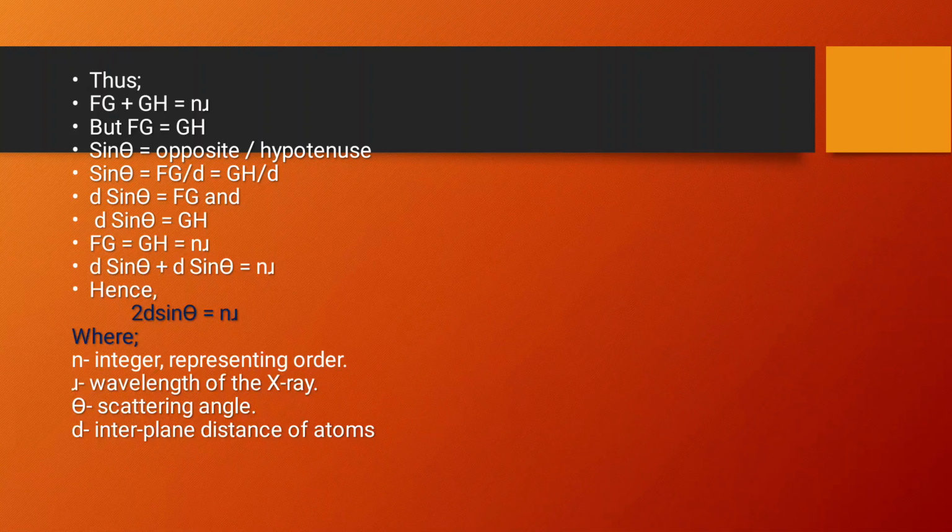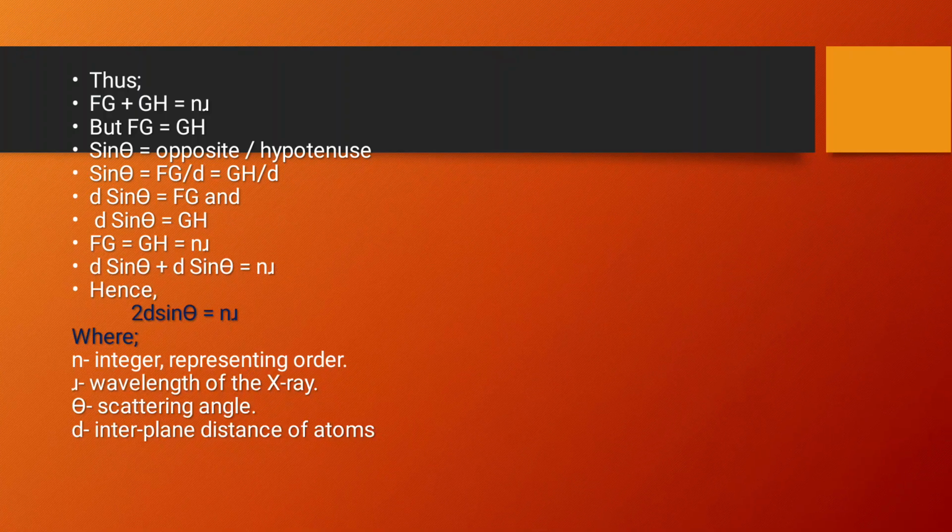From above, we said that FG is equal to GH, which is also equal to n lambda. So we take d sine theta plus d sine theta to be equal to n lambda.